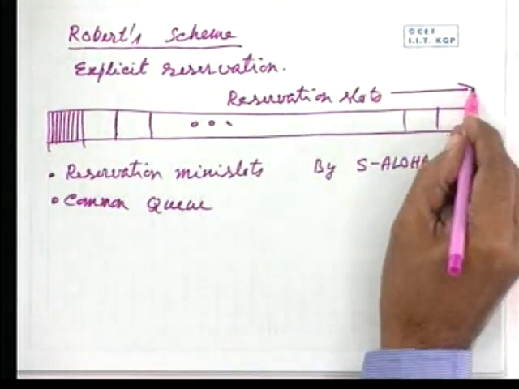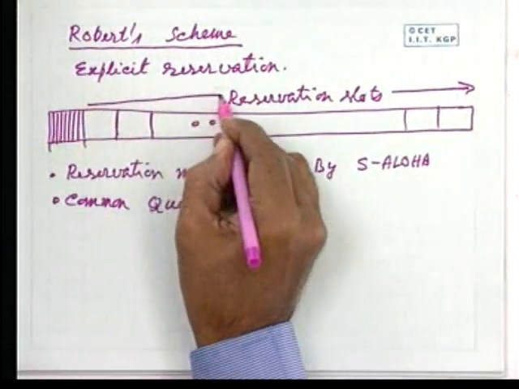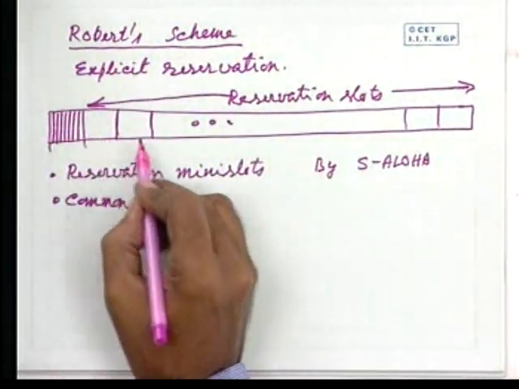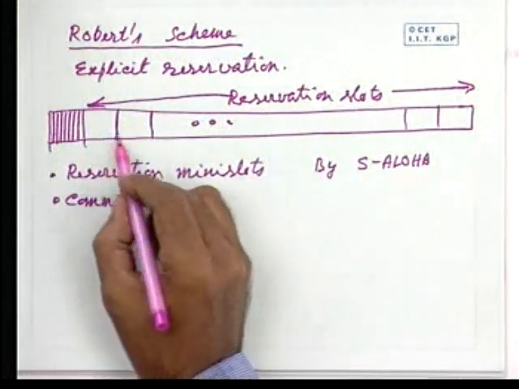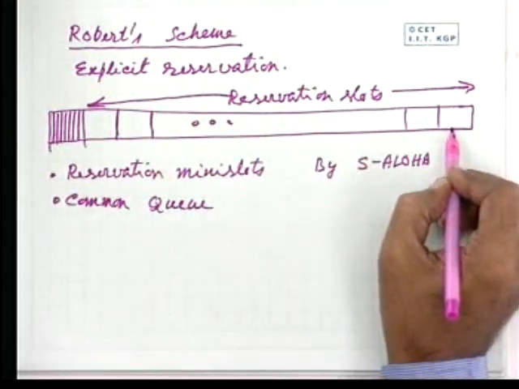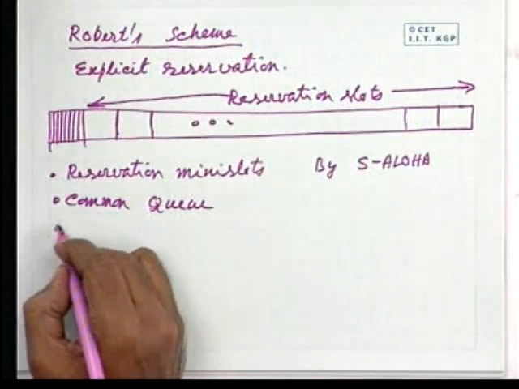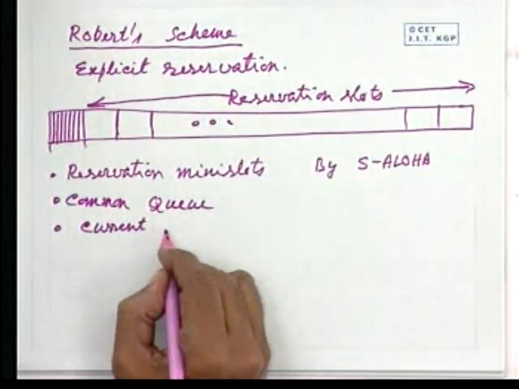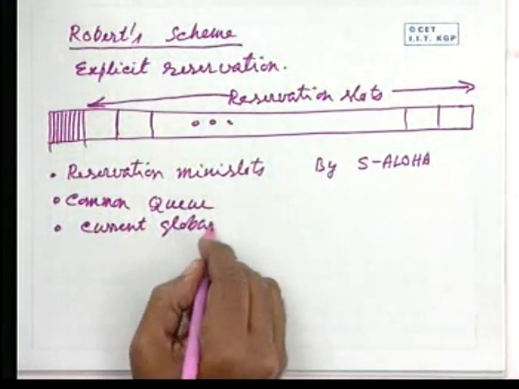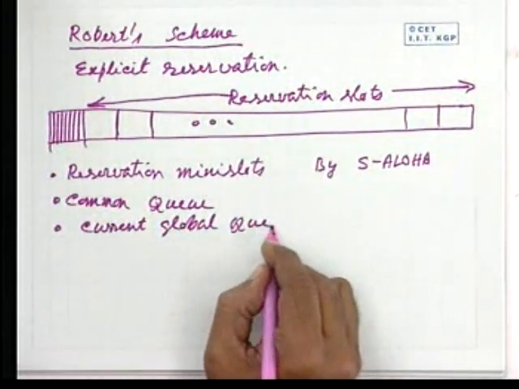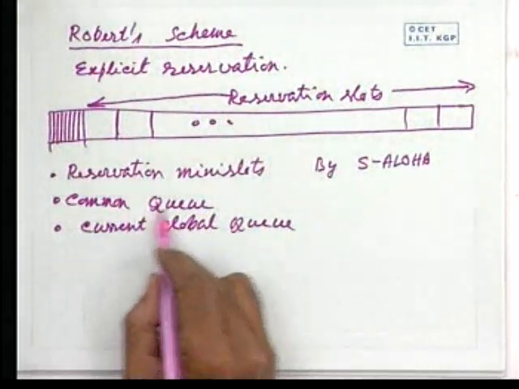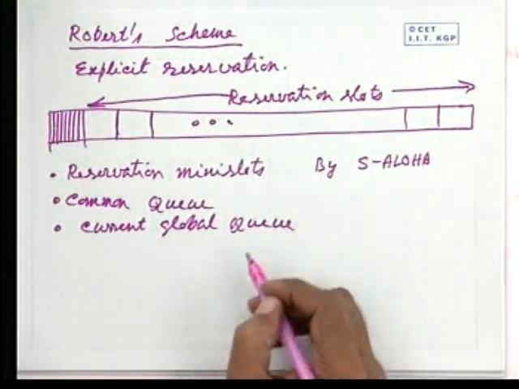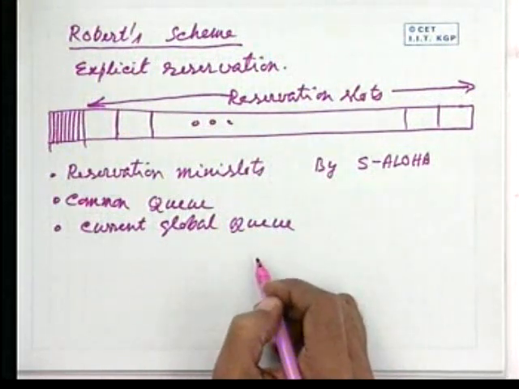Which are booked, reserved using this mini slot, and then used subsequently in the other slots. So each station comes to know about the current global queue, and after the end of the current global queue, each station will try to send data.